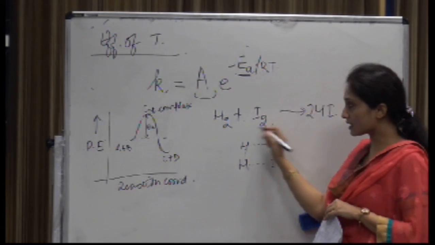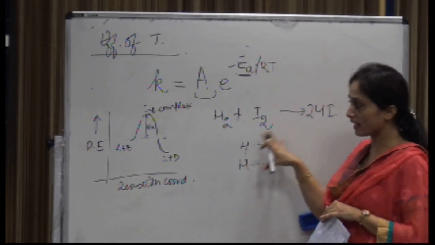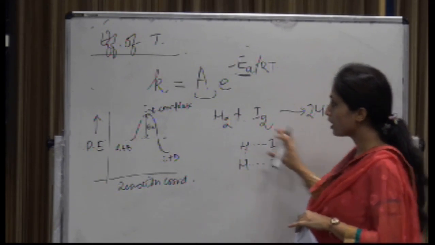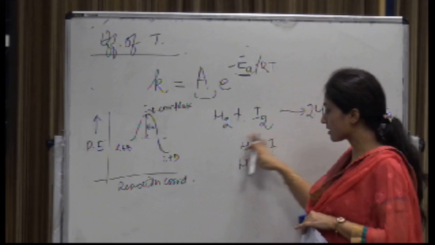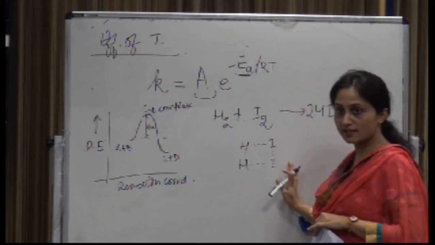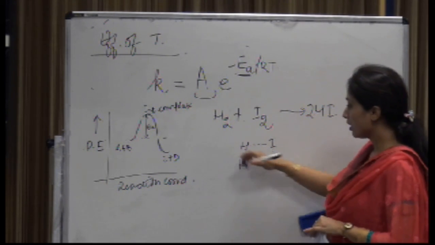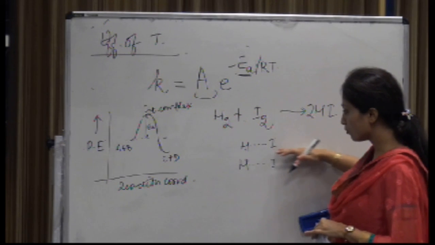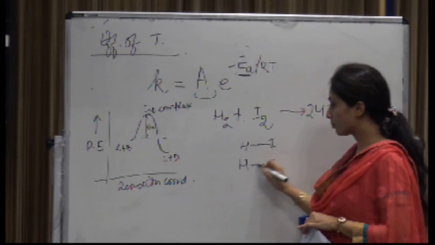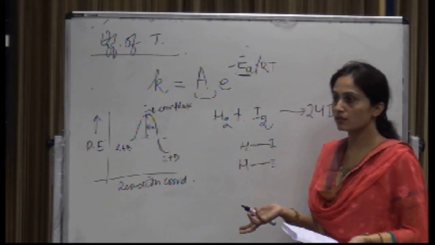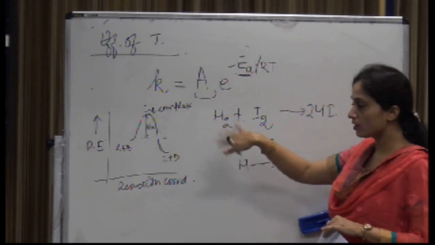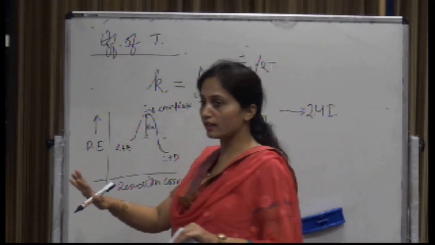So here this is some kind of a complex which is formed, at a higher energy level, and once the energy reaches this activated complex, then it simply breaks down to form your products, which is 2HI in this case. Got it? So this is your basic theory behind the Arrhenius equation.